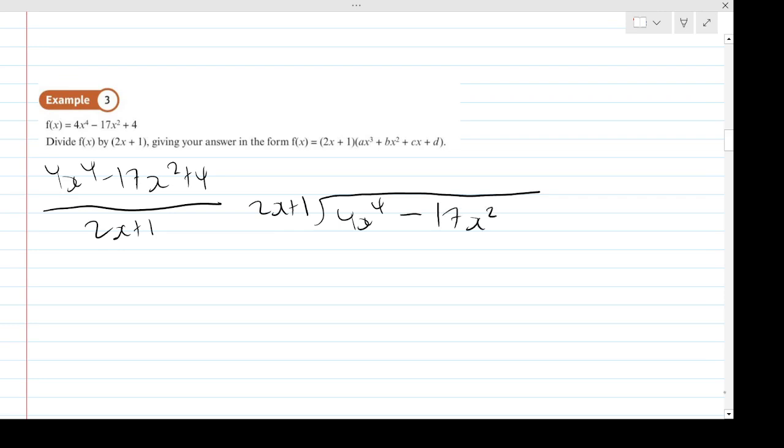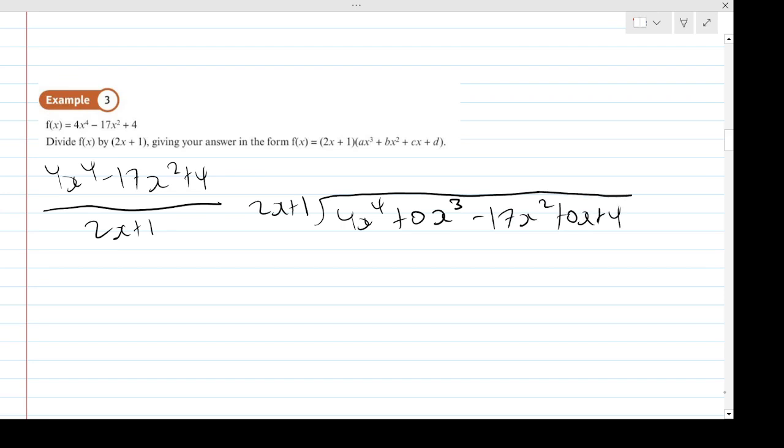However, there's no x cubed terms. It is very, very helpful to include all the terms, even if there's 0. So there's no x cubed term, which means we can write this as 0x cubed. And then we say minus 17x squared, and then there's no x term either, so we can say it's plus 0x plus a 4.